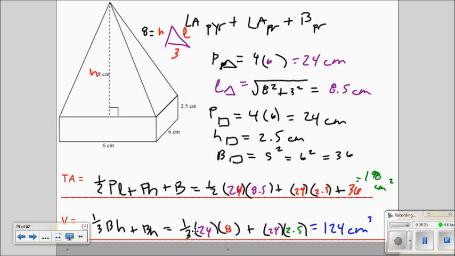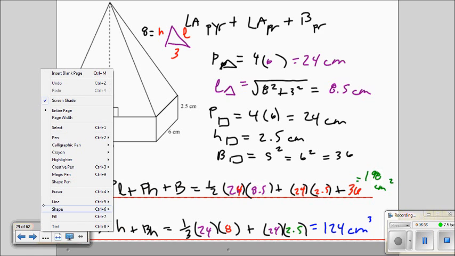So it's 1/3 times, uh-oh, there's another mistake. The base area, not the perimeter. Glad I'm going back through this. Where's my eraser?